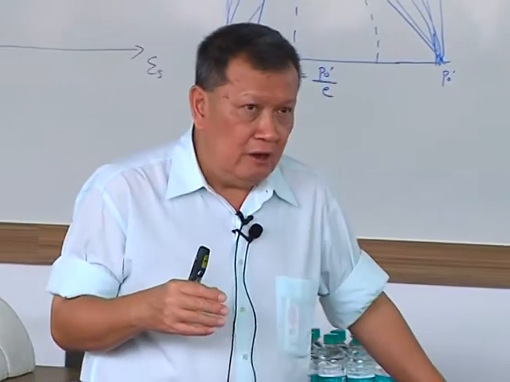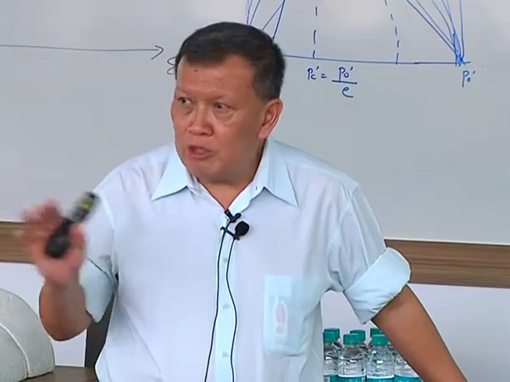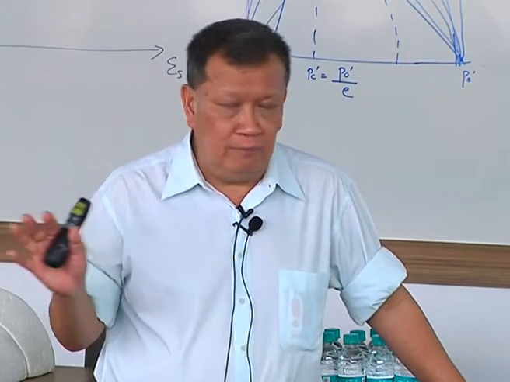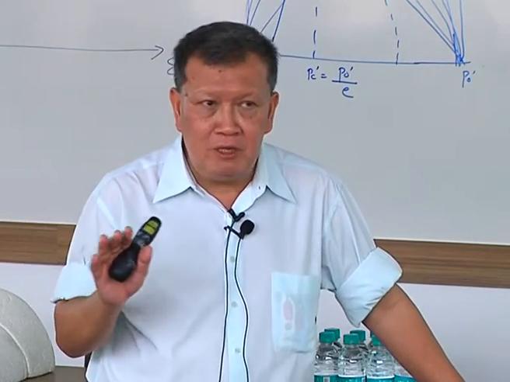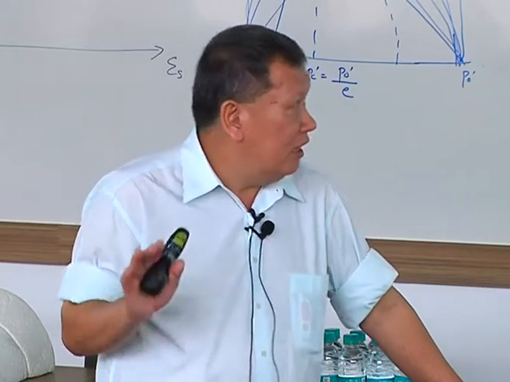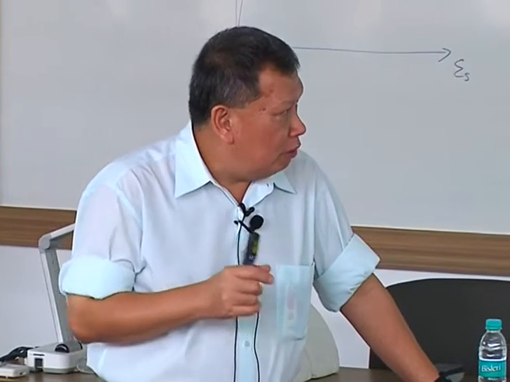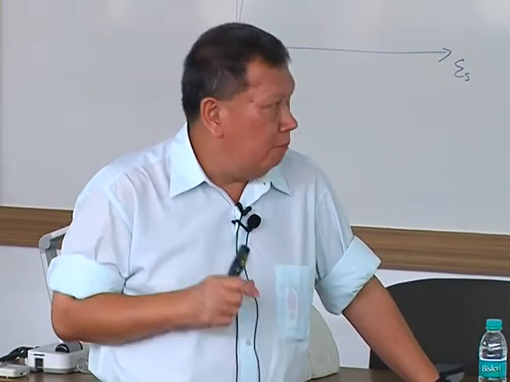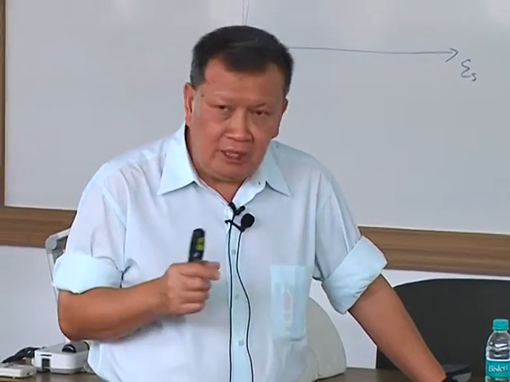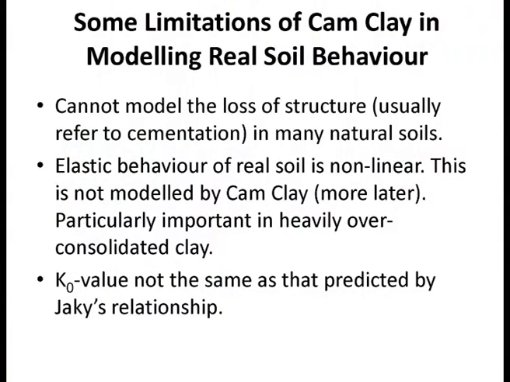Okay, and as a result, nobody who developed the Cam clay model developed the elastic portion. It was just assumed. And different people assume slightly different things. This is not modeled well by Cam clay. This is particularly important in heavily over-consolidated soil.